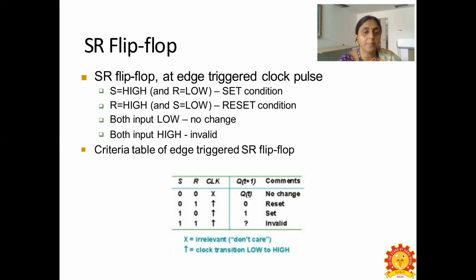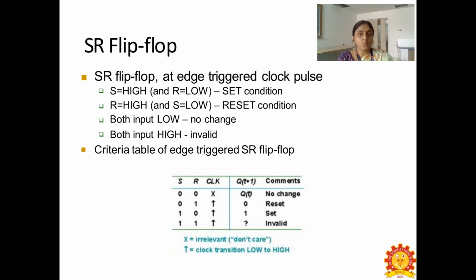So here the state table for the edge triggered SR flip-flop is given, where S is 0 and R is 0, irrespective of the clock pulse, then the present state Qt will be retained for the next state also, Qt plus 1. That is no change. And when S is 0 and R is 1, and the clock pulse transitions from 0 to 1, low to high, then the next state output will be 0.